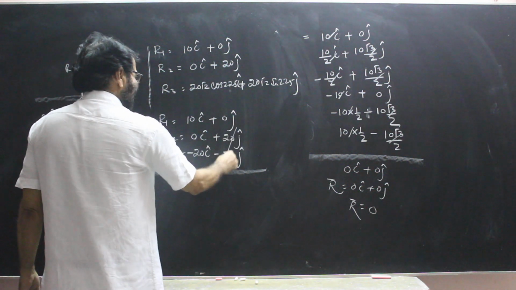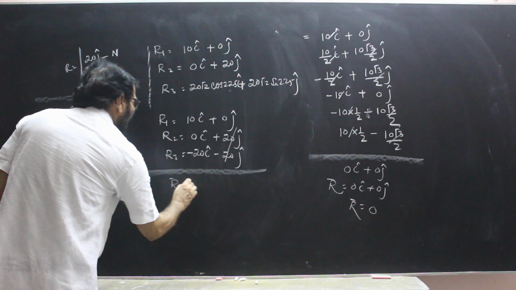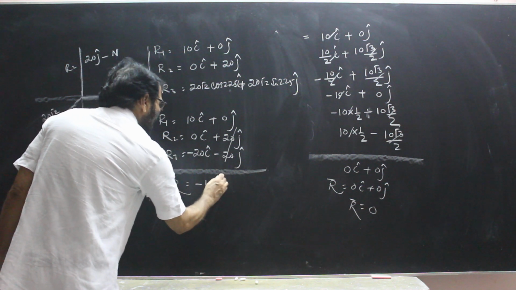So now this is cancelled, and the resultant vector r is minus 10i.